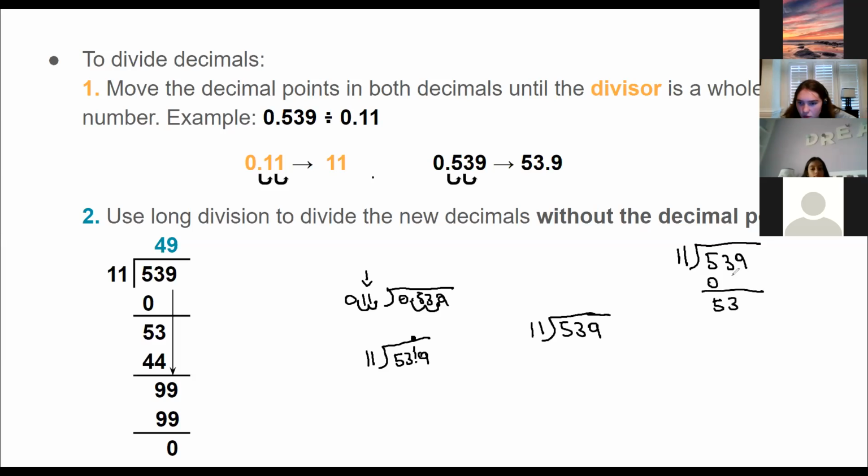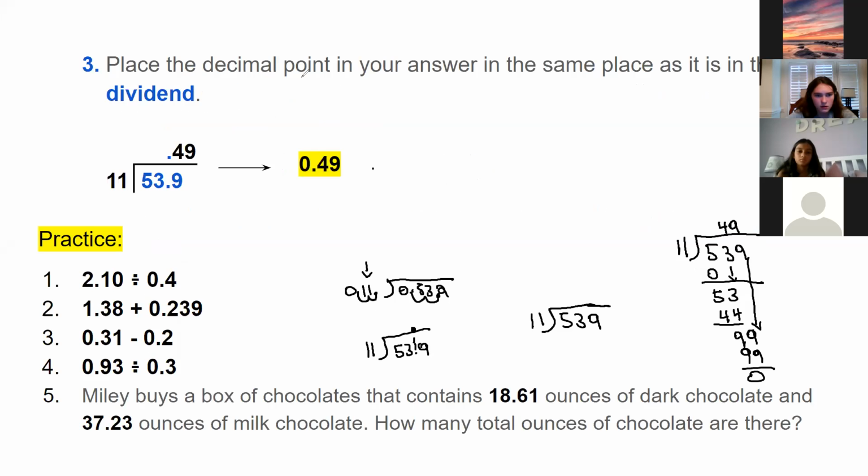Okay, so 11 goes into 53 four times. And then bring down the 3. So 53, and it goes into 44, which gives us 9. Then we bring this down. 99, 0. So 49. I think the way it was positioned, this is not correct, I don't think.